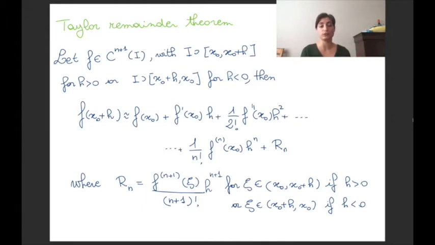We don't know the point xi, but we know it is between x0 and x0 plus h. So as long as we are controlling or having some information on the next derivative of f on a full interval that we're looking at, we're good. We know how the function changes with an approximation, and we know the worst error that we can make.